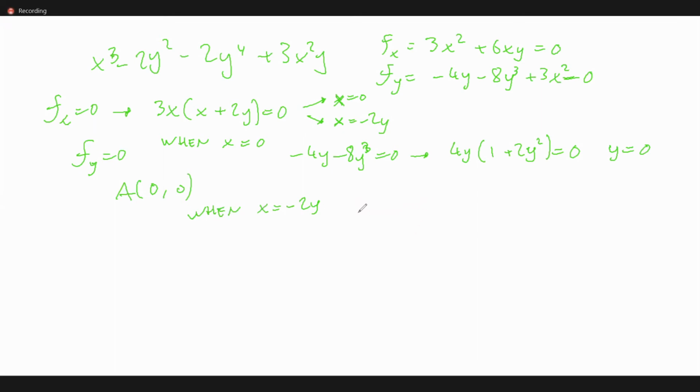We have that the partial derivative is negative 4y minus 8y cubed plus 3 times negative 2y squared equal to 0.